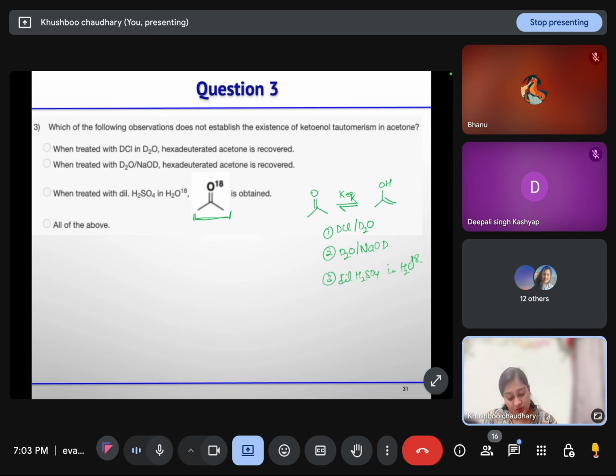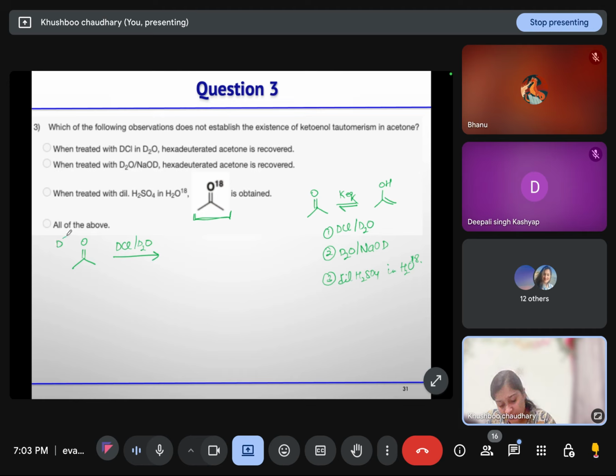Now in the first condition, what will happen if we have acetone and we are treating it with DCl in the presence of D2O? HCl is acidic or basic? Acidic. So similarly, DCl is also acidic.